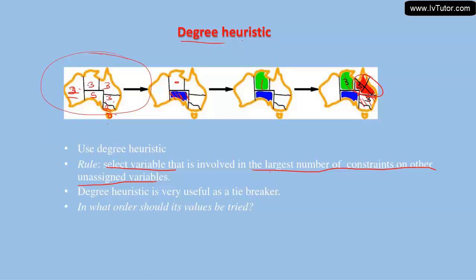Okay, my question on the third point says the degree heuristic is very useful as a tiebreaker. At the present moment, the blue one in the south was 5, and we've got 3 provinces that have got 3s. Is it not a tie there? And how does the degree heuristic break that tie?